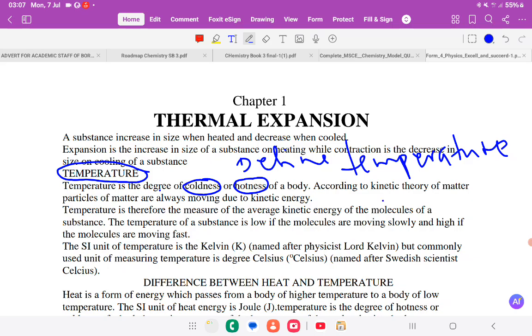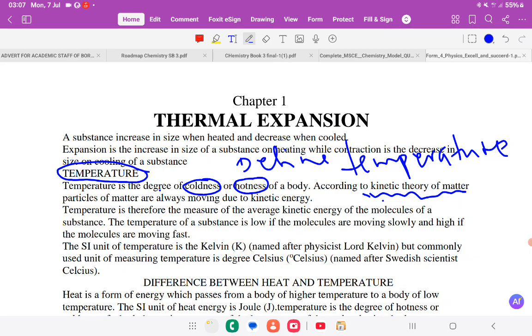But temperature, the same temperature, is related to what is called the kinetic theory of matter. Remember, in Form 3, you learned that the kinetic theory has to do with particles.